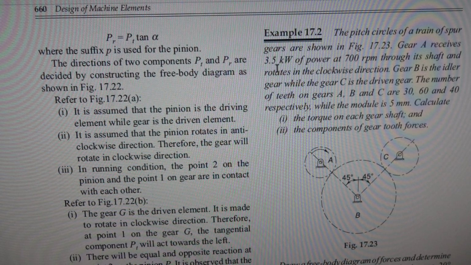Gear A receives 3.5 kilowatt of power at 700 rpm through its shaft and rotates in the clockwise direction. Gear B is the idler gear while gear C is the driven gear. The numbers of teeth on gears A, B, C are 30, 60 and 40 respectively, while the module is 5 mm. Calculate the torque on each gear shaft and the components of each gear tooth force.